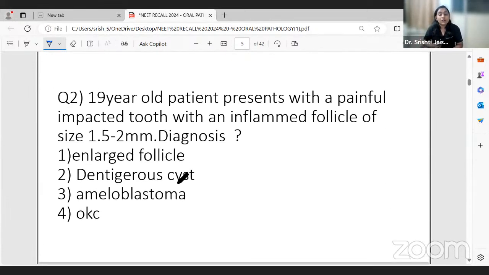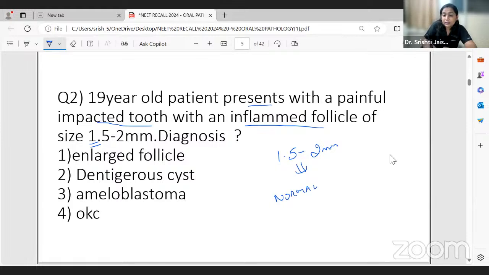Now the next question was on dentigerous. A 19-year-old patient presented with a painful impacted tooth with an inflamed follicle of size 1.5 to 2 mm. Now see, this is a very tricky question. Some students have marked dentigerous because even this 1.5 to 2 mm is considered a normal follicle. But in our live session, we have discussed that dentigerous occurs when the follicle size is more than 5 mm.